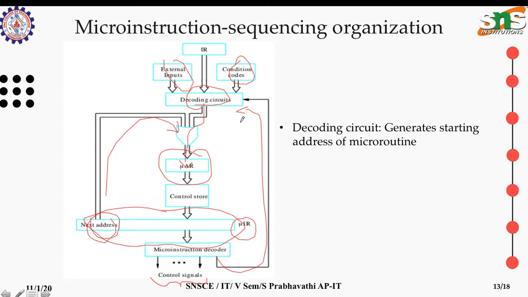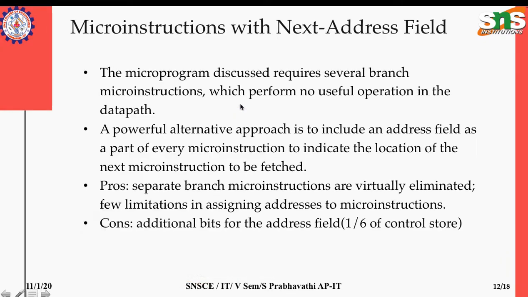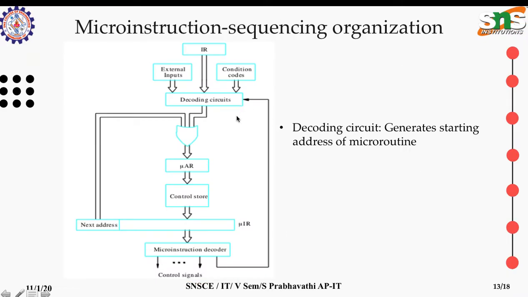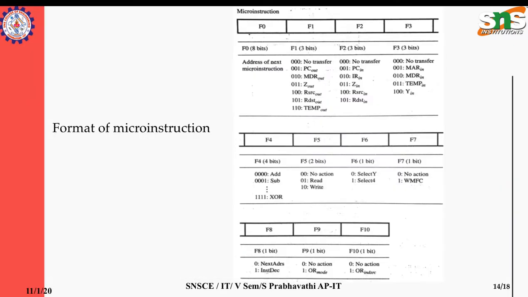Sometimes the next instruction may depend on the output of the previous instructions. In that case, it needs to give this output to the decoding circuit, where, based on that, the next instruction address might be generated. Okay, so the circuit diagram is quite simple. We will see it in detail in the next slide.